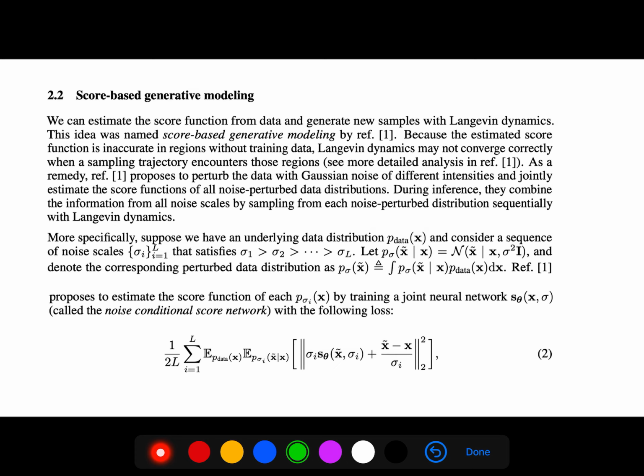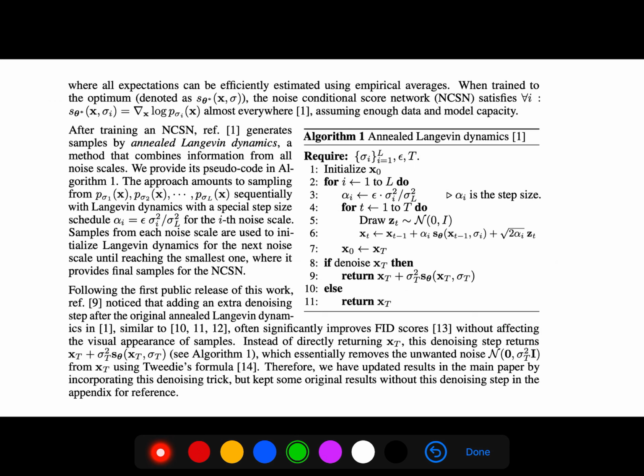For example, this reference proposes to estimate the score function of each P by training a joint neural network, the noise conditional score network, where all expectations can be efficiently estimated using empirical averages.